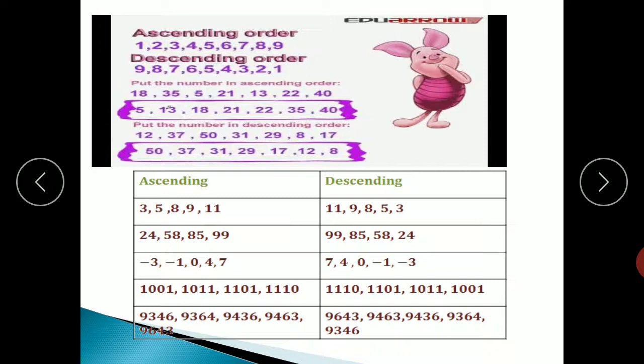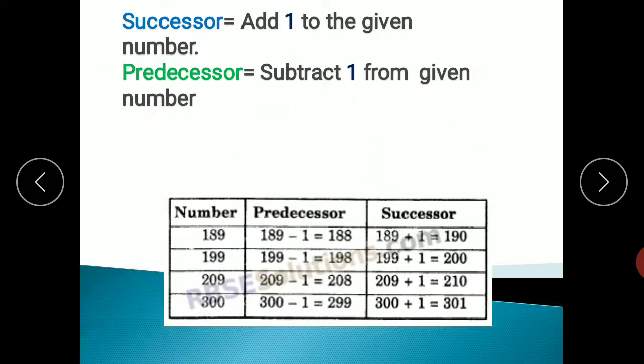Let us move to the next one: successor and predecessor. What is meant by successor? Adding one to a number, or the next number after that particular number, is called the successor.